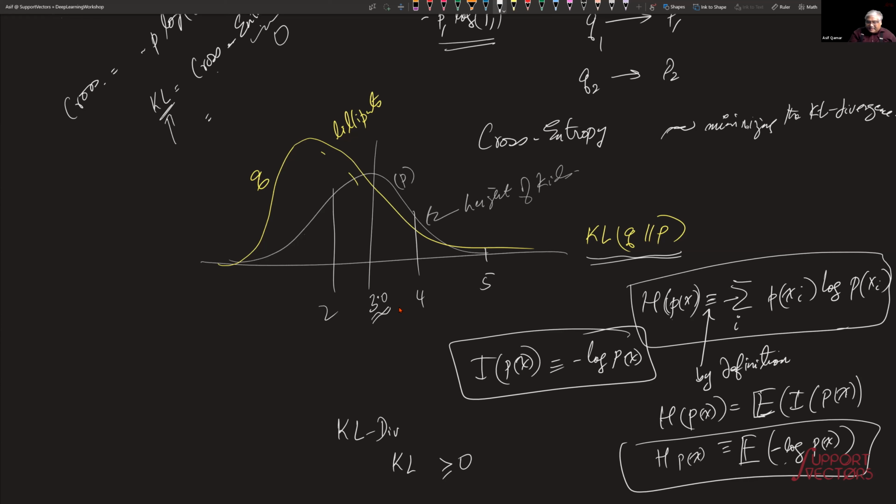Because remember, it is the gap between cross entropy and entropy. Because this is always more than entropy. The clutter, or the extra information that comes when you're surprised, is more than the information when you're not surprised, isn't it? Are we together?